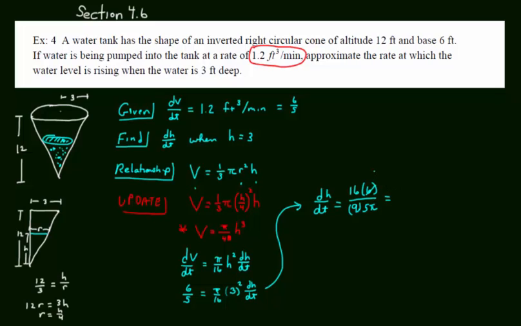So this goes in twice, this goes in 3 times, and that's going to give me 32 over 15 pi. And the units on that, the height is in feet, so feet, and the time is per minute.